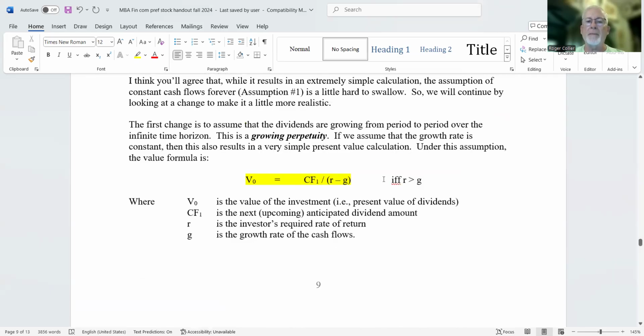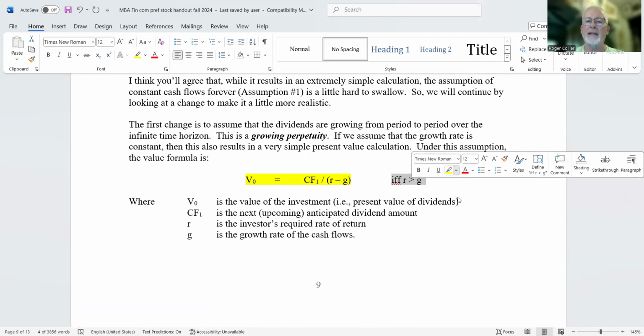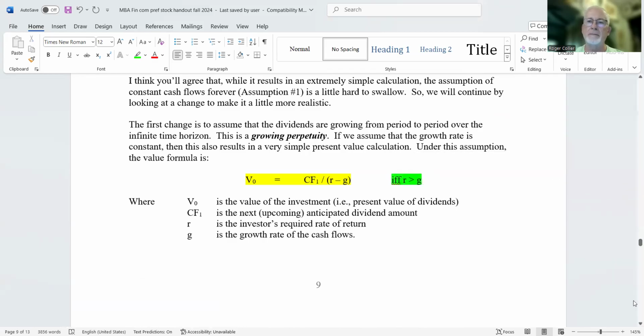The other thing you might be wondering is, what about this if and only if thing? If and only if R, the required return, the discount rate, the amount that we're taking away from those future dividends, is greater than the growth rate, the amount that those future dividends are getting bigger and bigger.